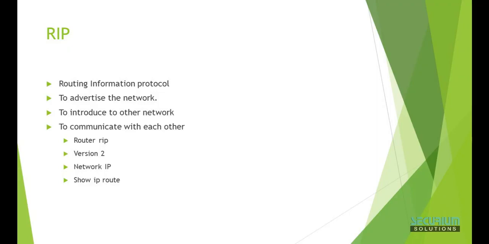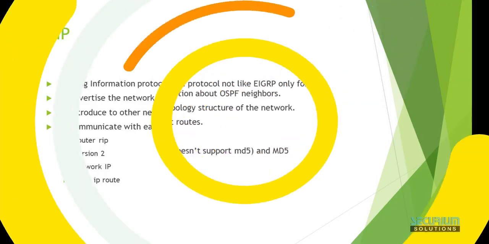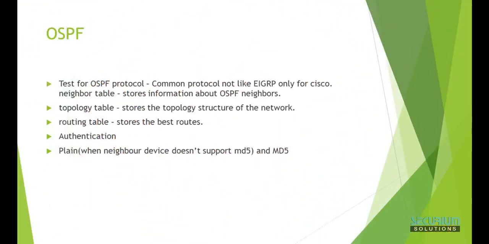Okay, so next we will see what protocol. Next we have the OSPF protocol, Open Shortest Path First. Why do we need this? We have multiple routers in our network or in various networks, so we need to mention which router or which path it should take efficiently to reach the client.